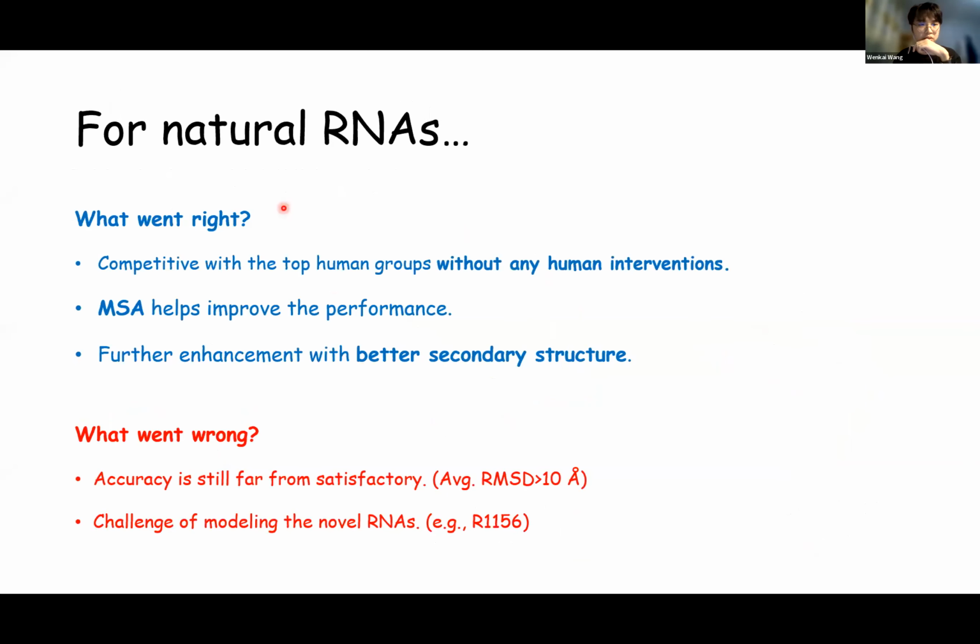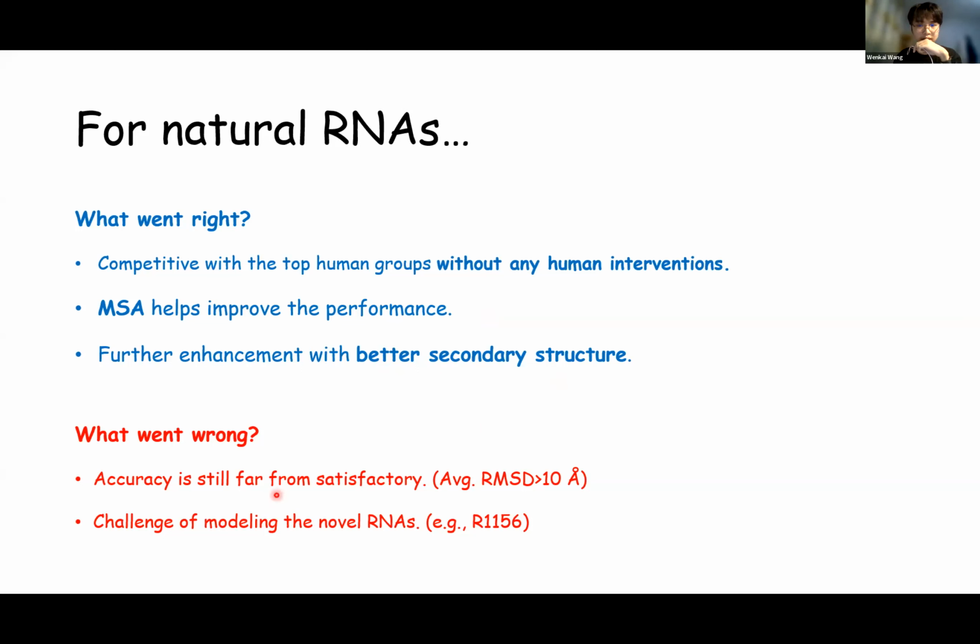So in summary, for these natural RNAs, our automated method is competitive with the top human groups, even without any human interventions. The usage of MMC helps improve the performance, and further enhancement can be achieved with better secondary structures.